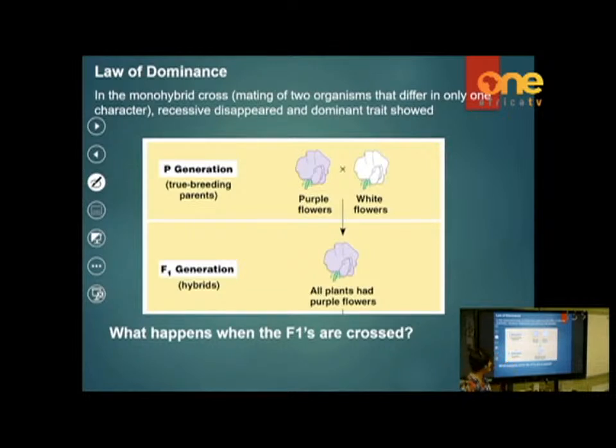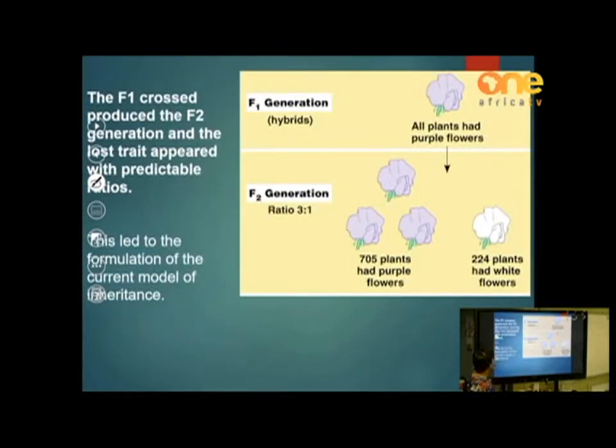Did you see that? Homozygous purple, homozygous white. First generation, all of them disappear. But in the next generation, we have a 3:1 ratio of dominant trait to recessive trait.